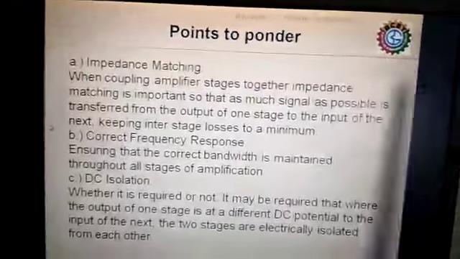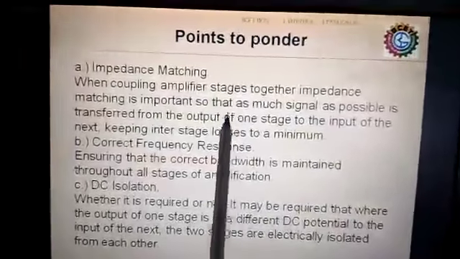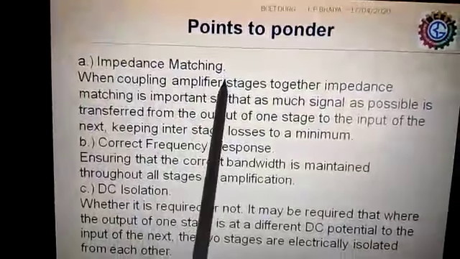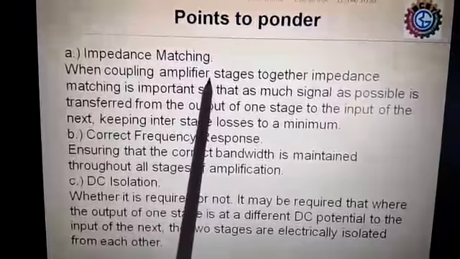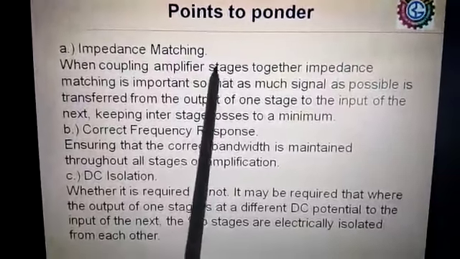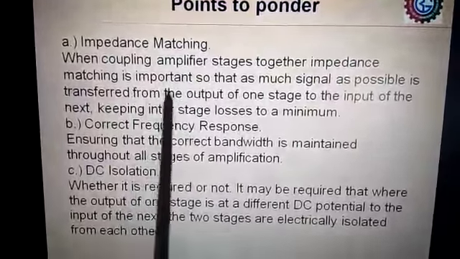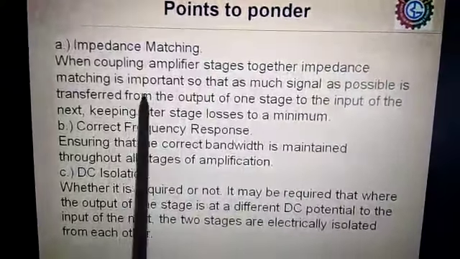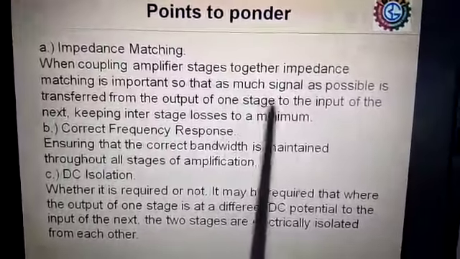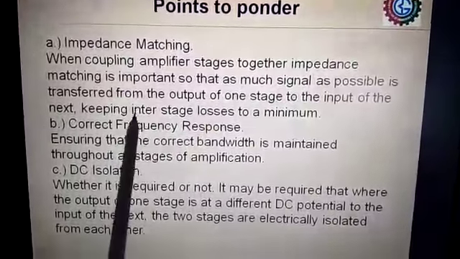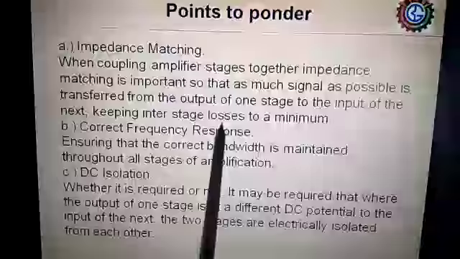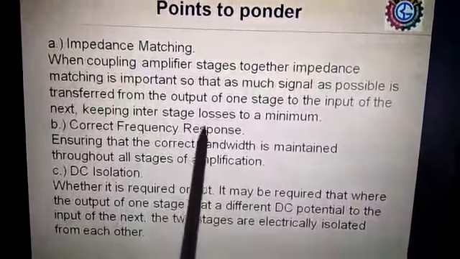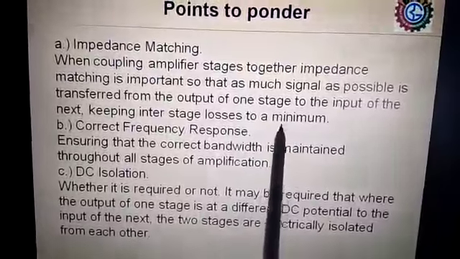Here I have summarized points to ponder. Remember, impedance matching is one of the most important characteristics while using a multi-stage amplifier. When coupling amplifier stages together, impedance matching is important so that as much signal as possible is transferred from the output of one stage to the input of the next stage, keeping losses to a minimum.